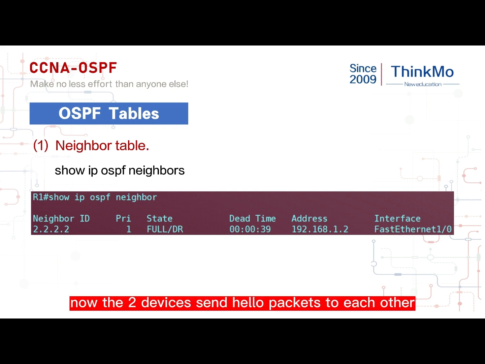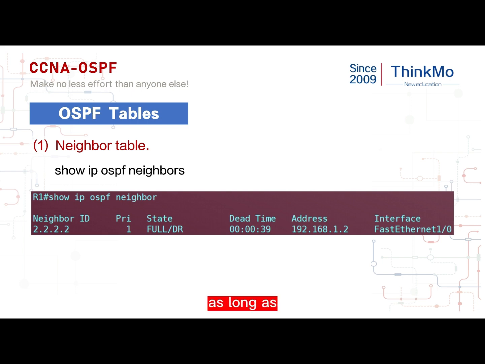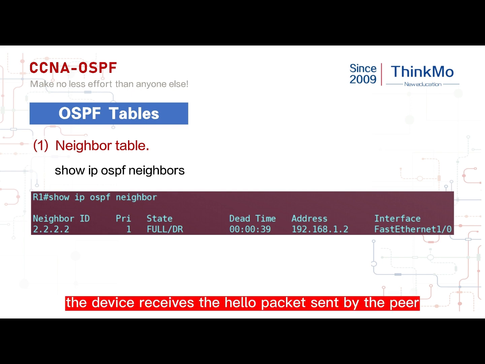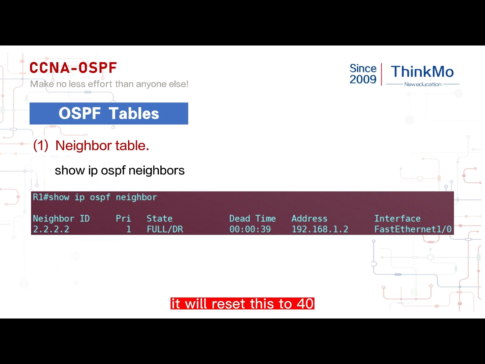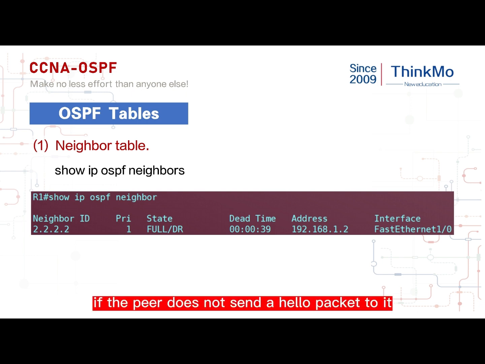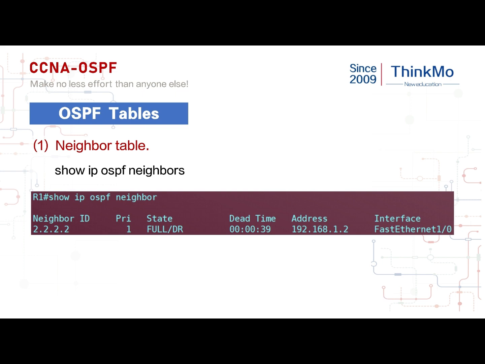Now the two devices send hello packets to each other, once every 10 seconds. As long as the device receives the hello packet sent by the peer, it will reset this to 40, then start counting down until it reaches 0. If the peer does not send a hello packet to it, then this neighbor is gone.